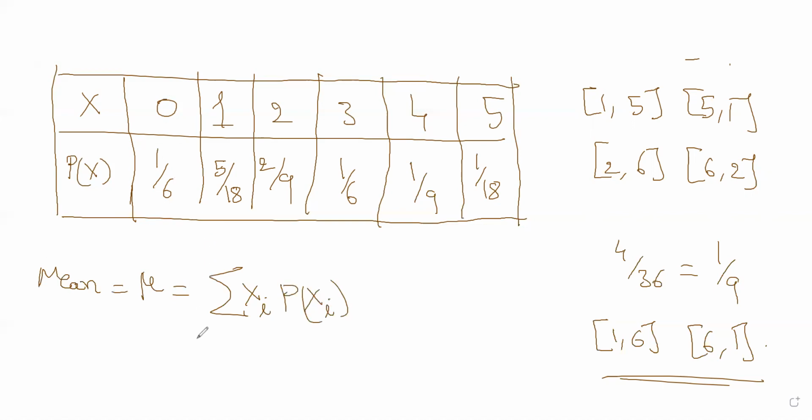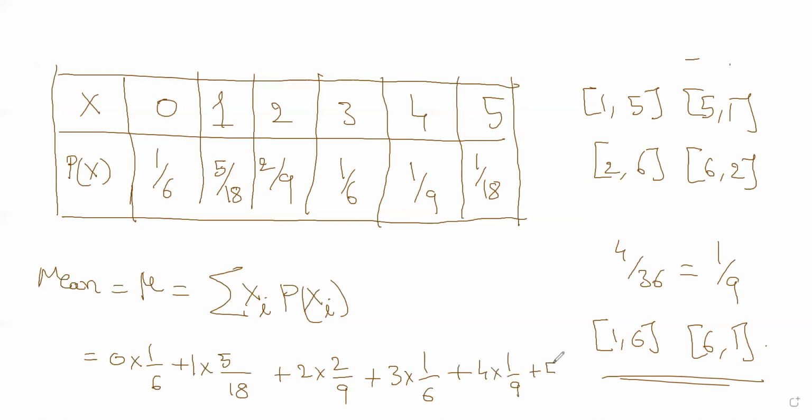So let's multiply the things. 0 into 1 by 6 plus 1 into 5 by 18 plus 2 into 2 by 9 plus 3 into 1 by 6 plus 4 into 1 by 9 plus 5 into 1 by 18. So can you sum it?